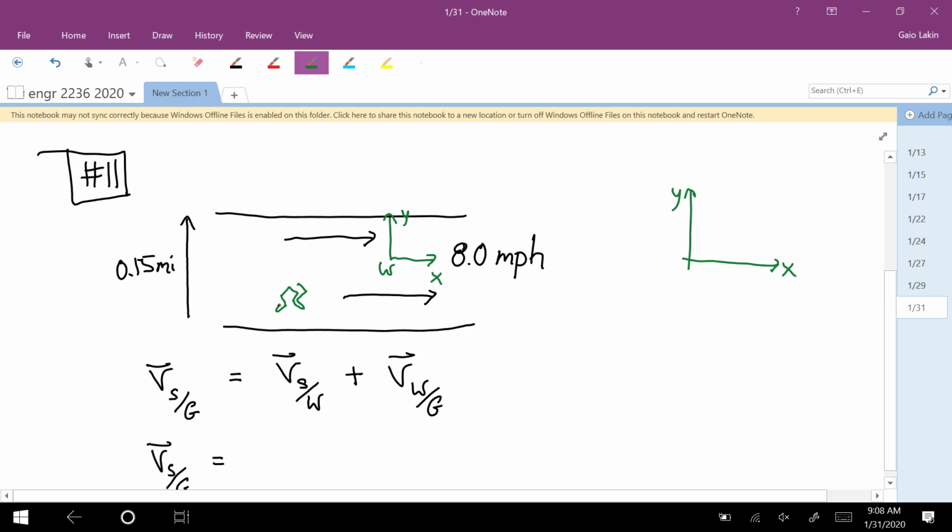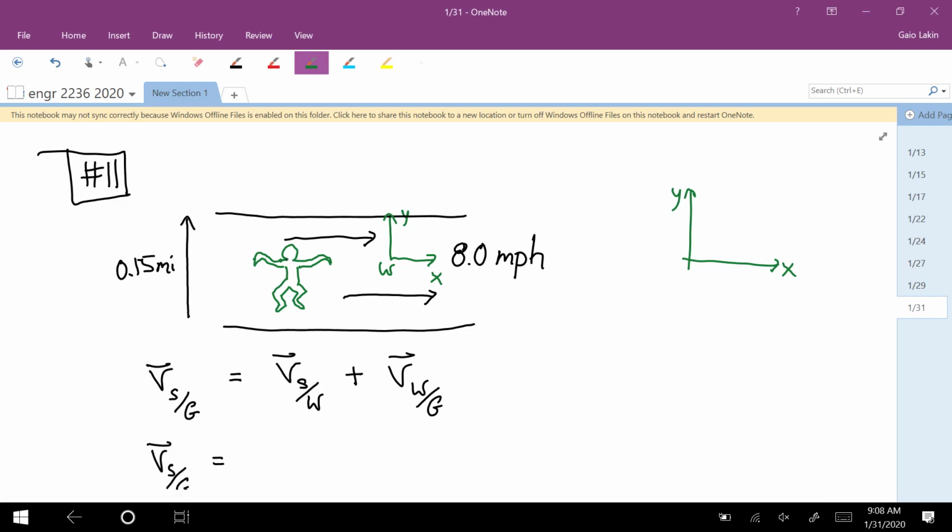Okay, so the swimmer, if you had a video camera on a buoy floating along with the water, would just see the swimmer going straight across. But something on the shore is going to see the swimmer moving with the water too.